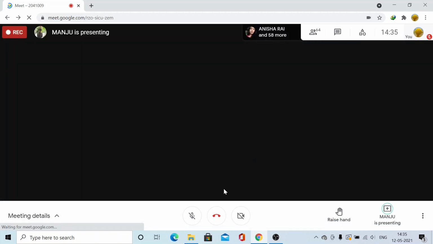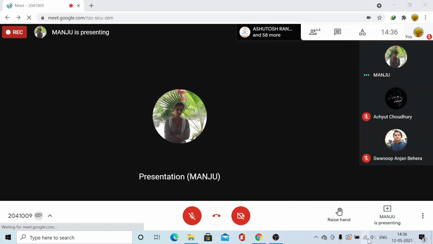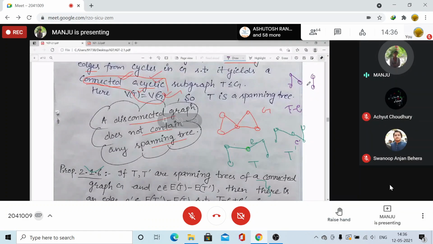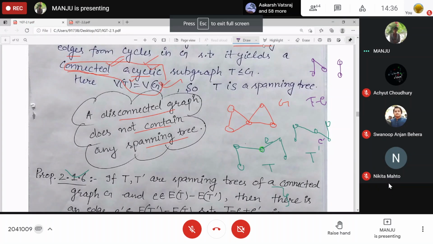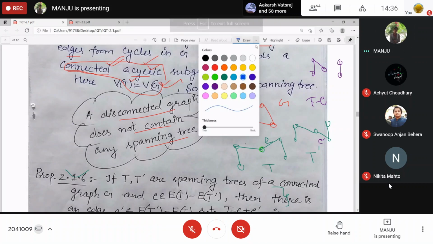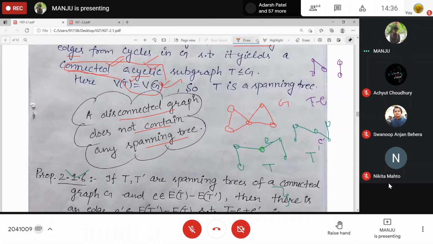So then what you do, T minus e. T minus e will be looking like this one, right? This is your T minus e. Got it? Yes, ma'am. This is your T minus e. And you just add e dash. If you add this e dash, are you getting a spanning tree or not?